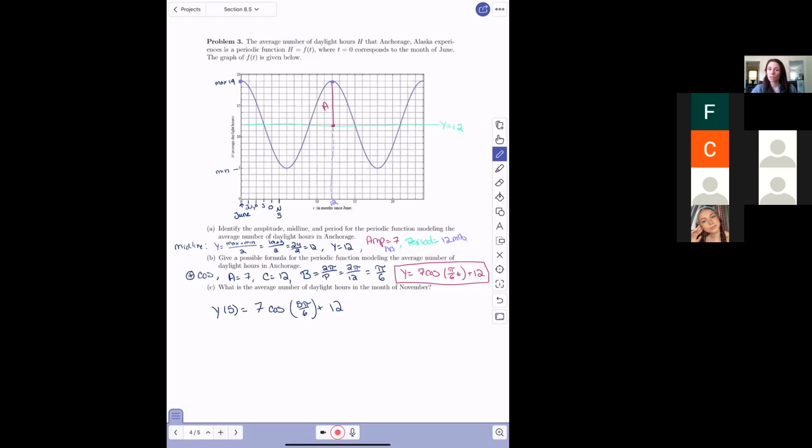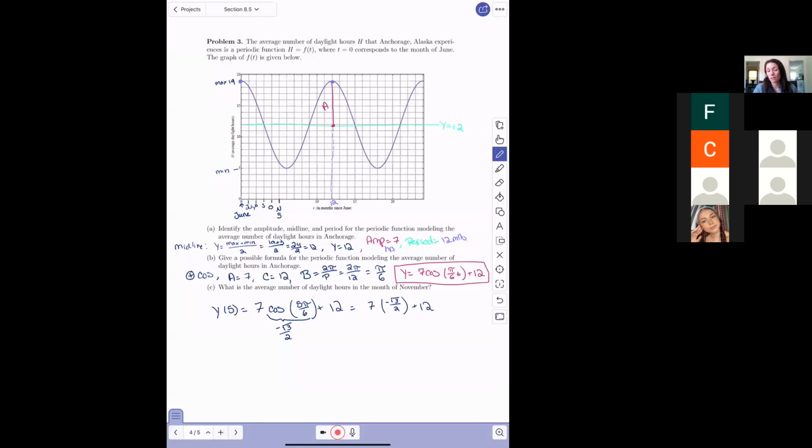Okay, this is where our unit circle comes in handy, just to see if we might end up with a nice number. Cosine of 5 pi over 6 is negative square root of 3 over 2. You could look at your unit circle for that information. But this then is equal to 7 times negative square root of 3 over 2 plus 12. This isn't going to be a nice number.